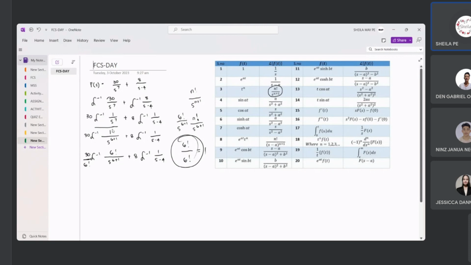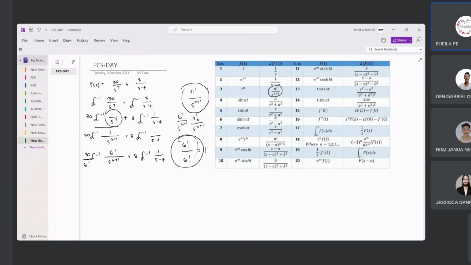Ang atong i-deal with is on the left side. Okay, left side sa plus ng operation. So, we have 1 over s raised to the power of 7. So, ang atong form dapat is n factorial over s raised to the power of n plus 1. Di ba? So, atong i-break down ang denominator.